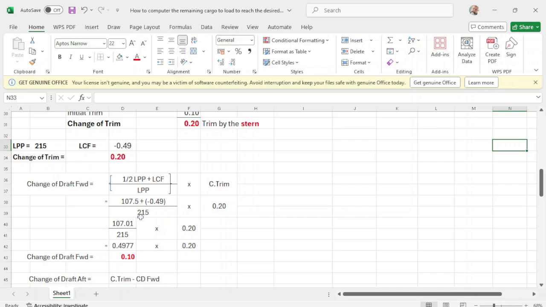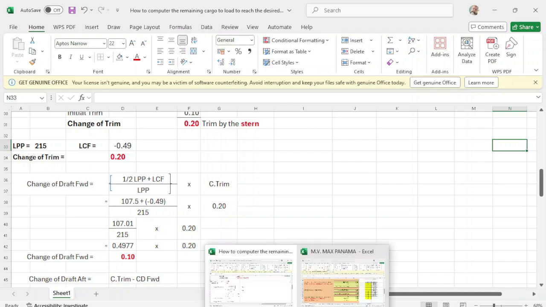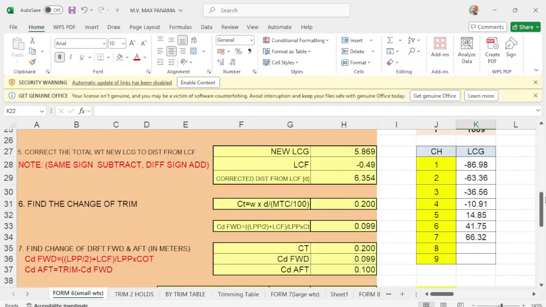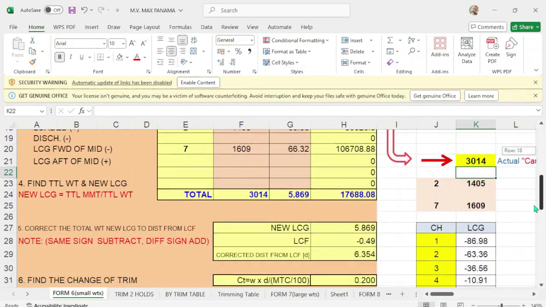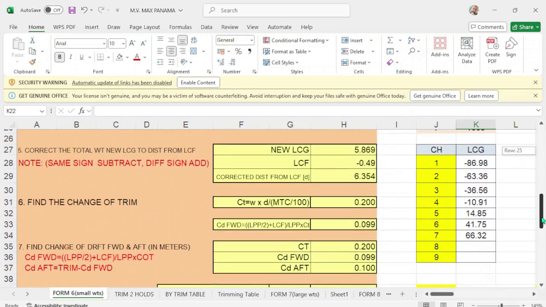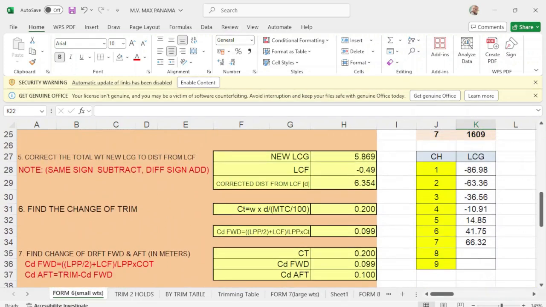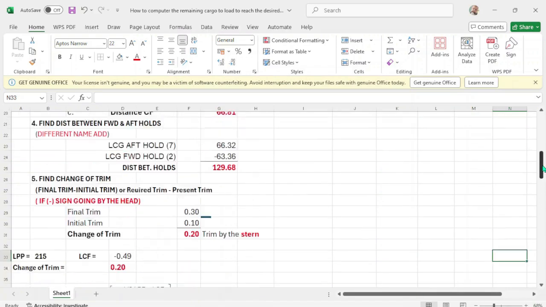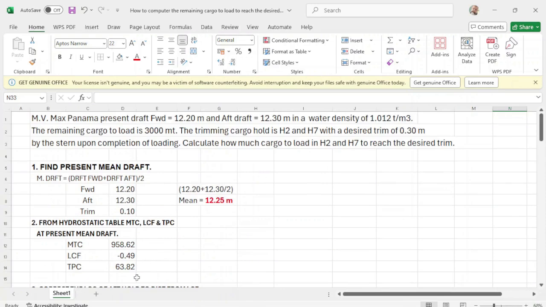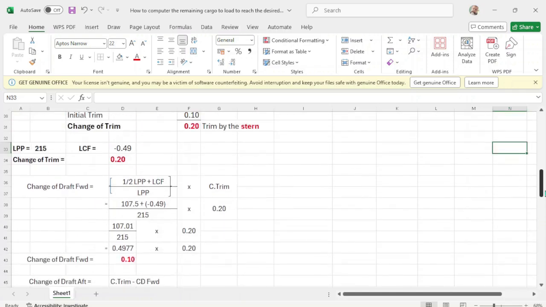LPP is 215. And your LCF is negative 0.49.